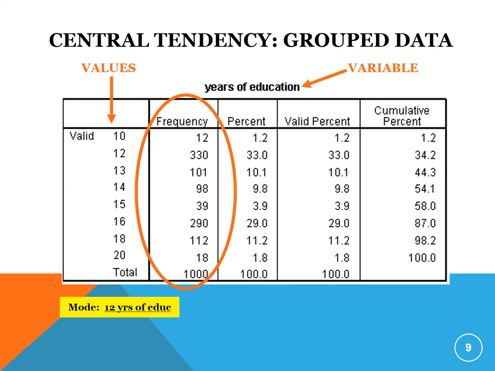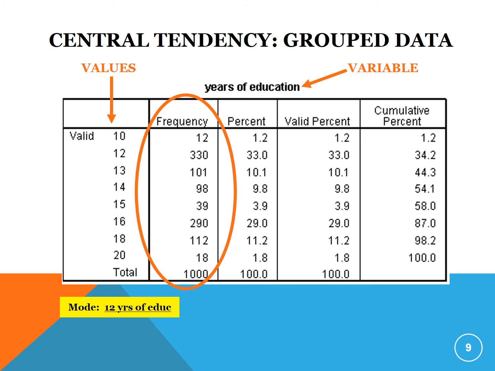Step 2, when we did our n plus 1 divided by 2, now we're trying to find 500.5. Or we're trying to find 500 and 501, and then we look in the middle and figure out what that 500.5 value is. So what I would do in this case is we can see there's 330, and we can see that 101 plus the 12. So we're already at 443. So that 14 would give us technically a whole other 100 and more.